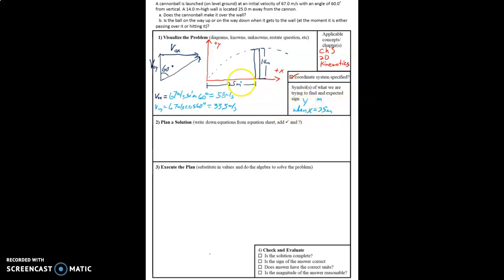And then we need a plan for this other part. So this part, y greater than 14 meters, that's our restated question. And we could say for x equals 25 meters. And then this one, our question can be, is Vy greater than 0?